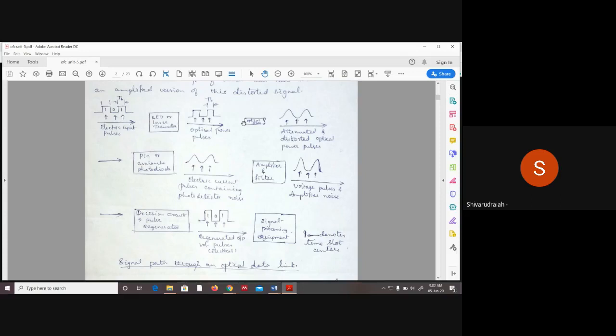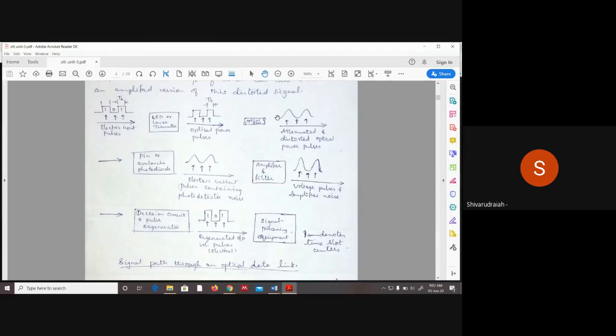As the signal propagates, that is, as the optical pulse signals propagate inside the fiber, they get attenuated and distorted, and you can see the shape of the attenuated and distorted optical power pulses here. So this was the original shape of the optical power pulse before it is passed on to the communication channel.